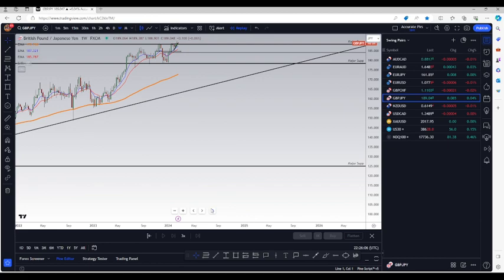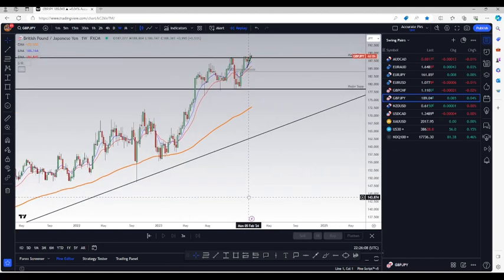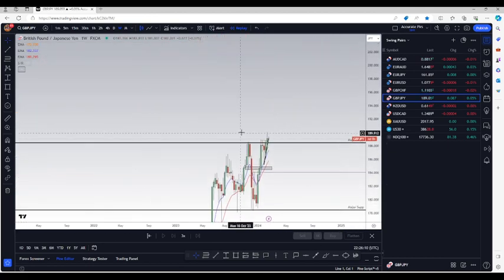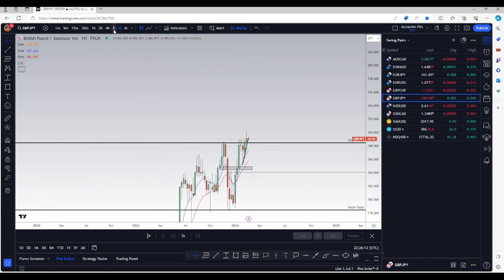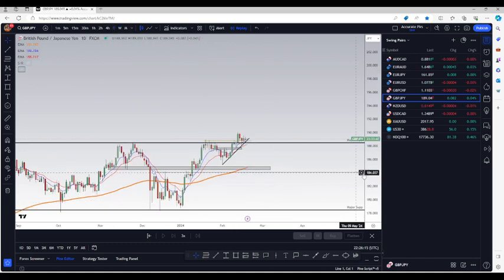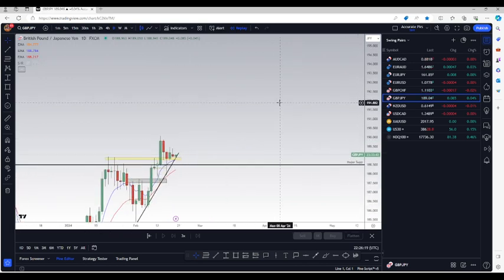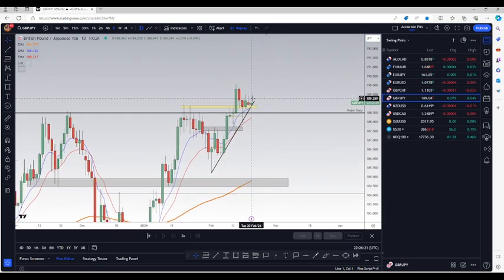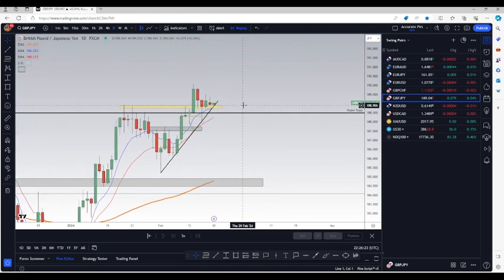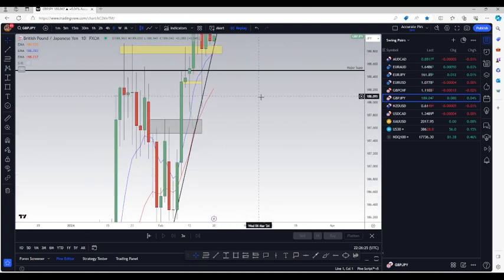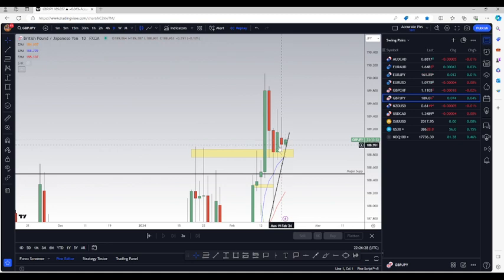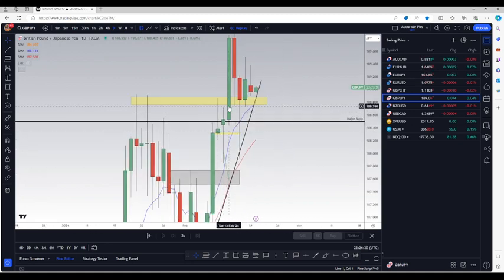Let's look on the weekly time frame. Got the closure above that major resistance level, which is now holding as our major support. Look on the daily, not really close as a shooting star. We've got this wick here, should keep an eye on.